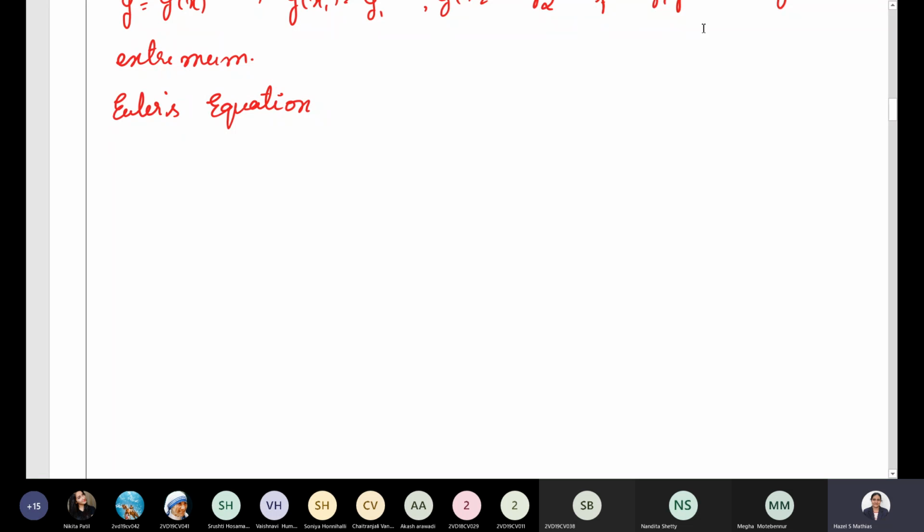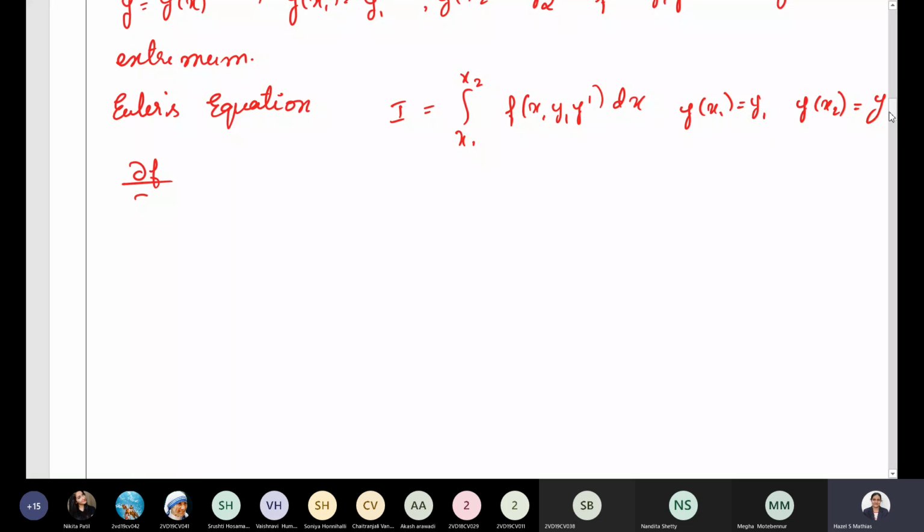The necessary condition for the integral I equal to the integral from x1 to x2 of f of x, y, y dash, dx, where y of x1 equal to y1 and y of x2 equal to y2, to be an extremum is that dou f by dou y minus d by dx of dou f by dou y dash is equal to 0.